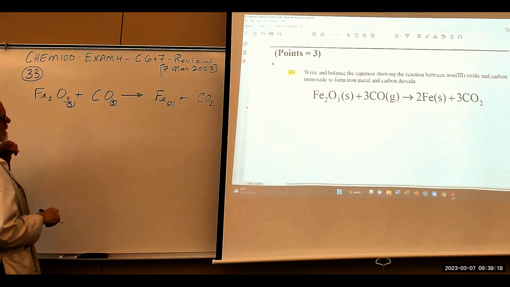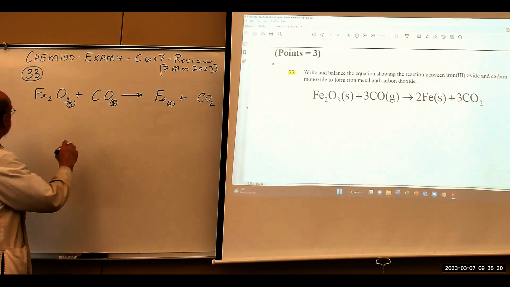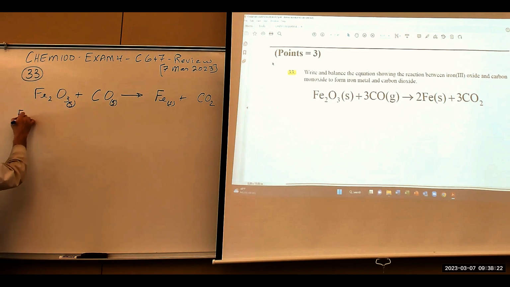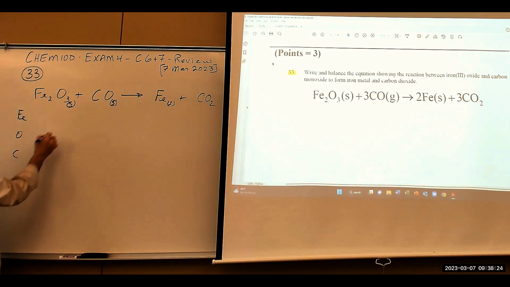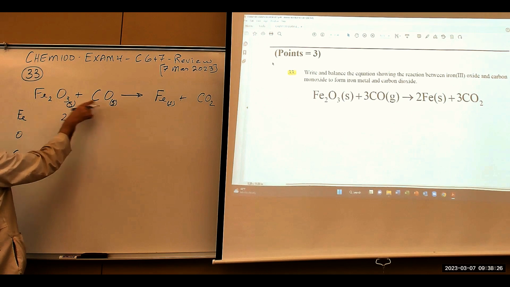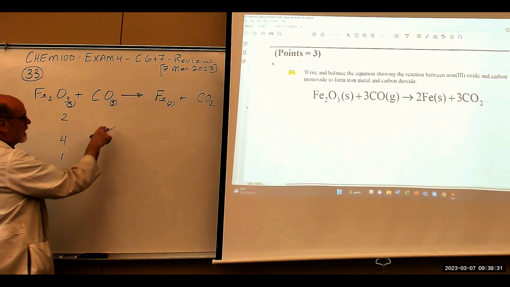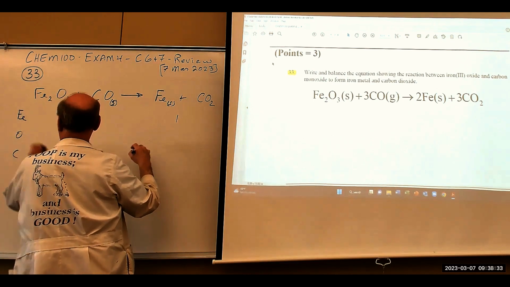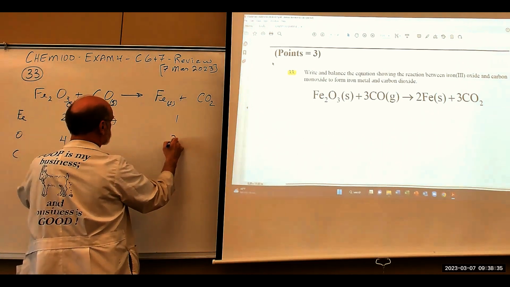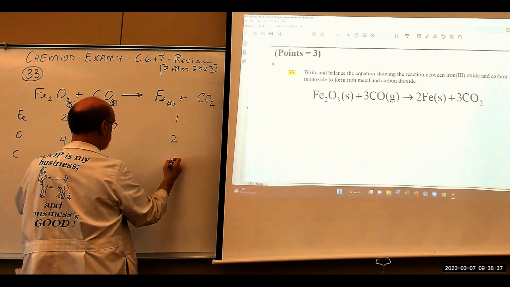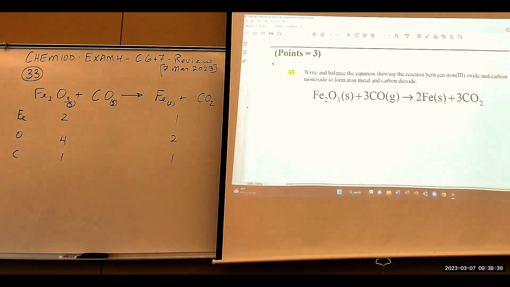All right. So let's do a budget. Iron, oxygen, carbon. So we have 2 irons, 3 plus 1 is 4 oxygens, and 1 carbon. And on this side, we have 1 iron, we have 2 oxygens, and we have 1 carbon. Okay.